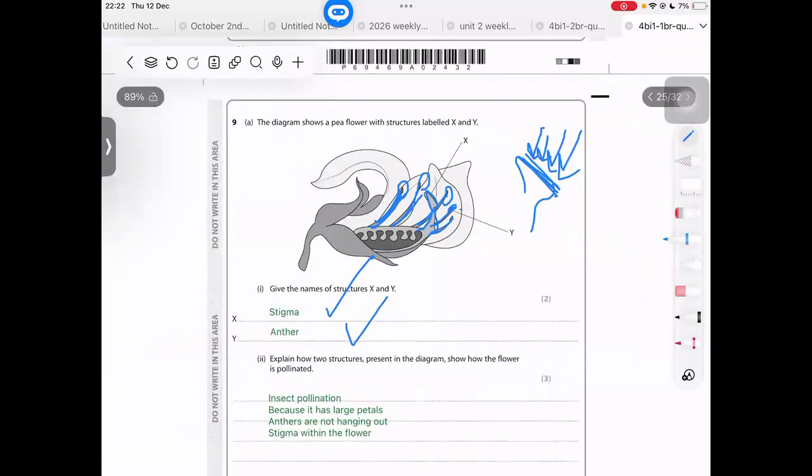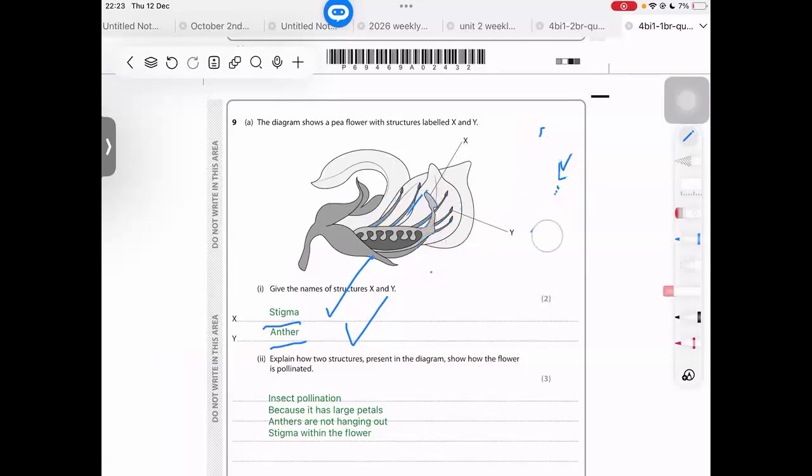Then they are asking, explain how the 2 structures present in the diagram show how the flower is pollinated. That means how the stigma and anther show us how this flower is pollinated. By looking at the anther and the stigma, you can see both are inside the flower. They are not outside.